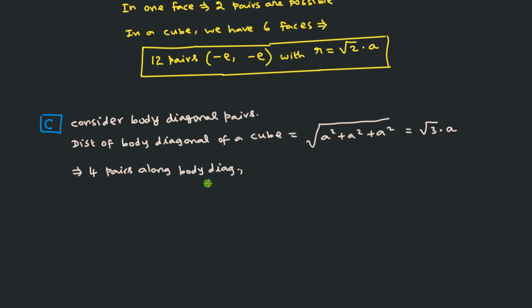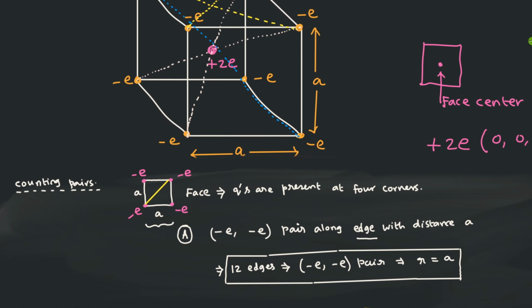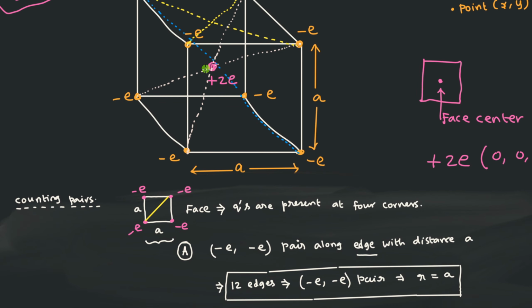So I will write down the pair as minus e comma minus e. Why I am writing minus e comma minus e is, you should not confuse what is happening to the plus charge. See, there is also one plus 2e charge. That is sitting idle. We did not consider this still. If you are going to consider it, then there will be another pair coming into the picture.